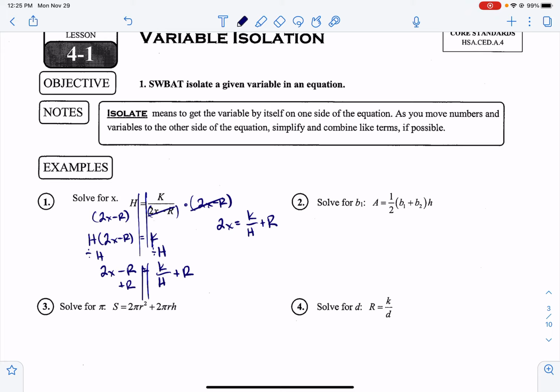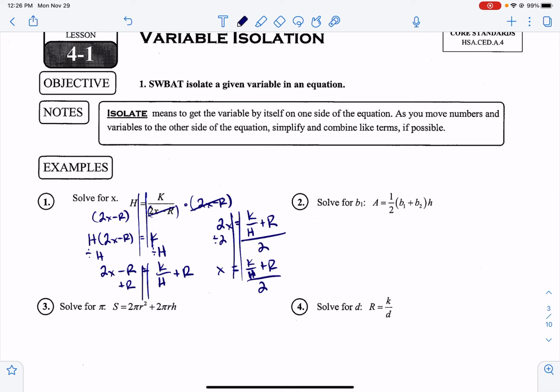Now the last thing I need to do is get rid of this 2. And the way that I do that is I divide both sides by 2. So x is going to equal, now when I divide k over h plus r all divided by 2, one of my options, I can actually just leave it written like that. I can have k over h, big H, plus r all divided by 2.